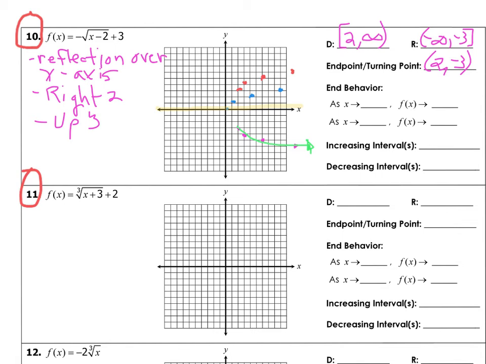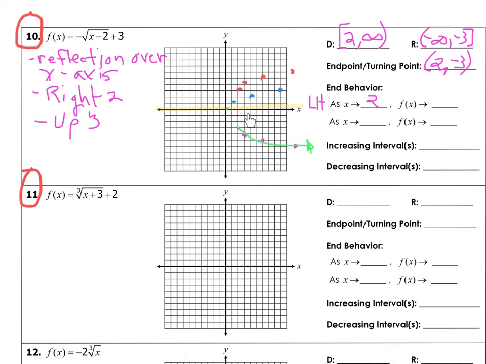but the reflection kind of messes everything up. So, let's start on the left side. So let's do left hand behavior first. As x moves to the left, the leftmost value that x can approach is right here at 2. So as x approaches 2, because that's the left-hand side of our graph, isn't y getting closer and closer to negative 3?